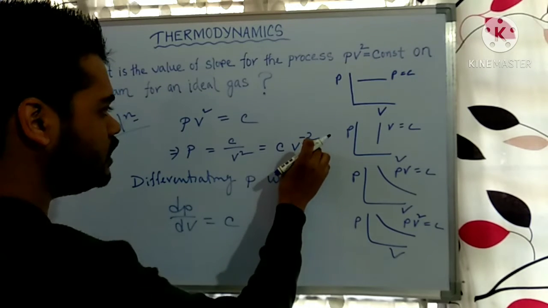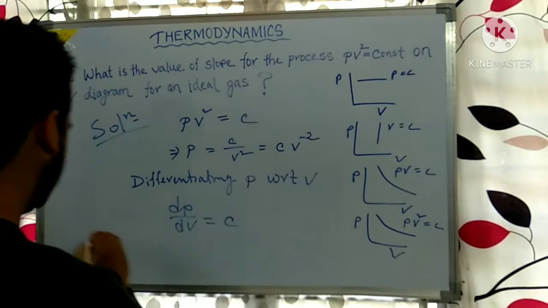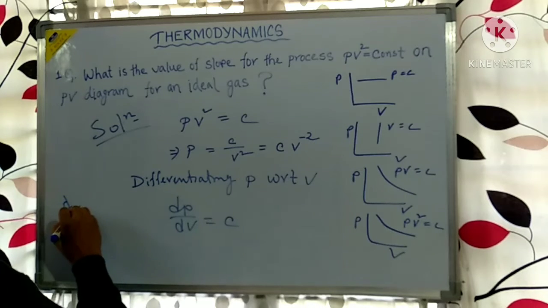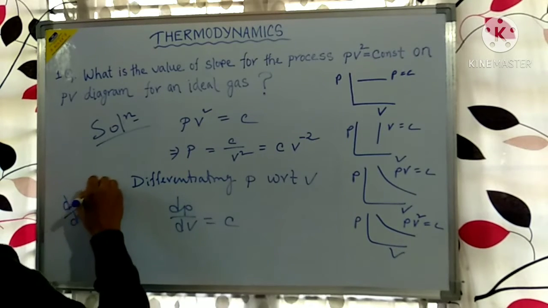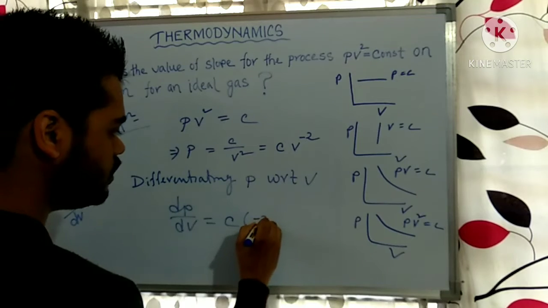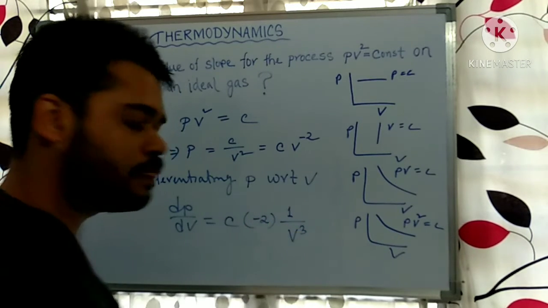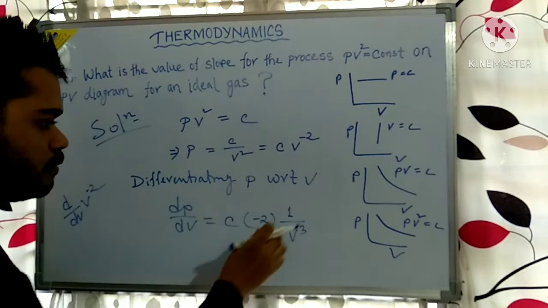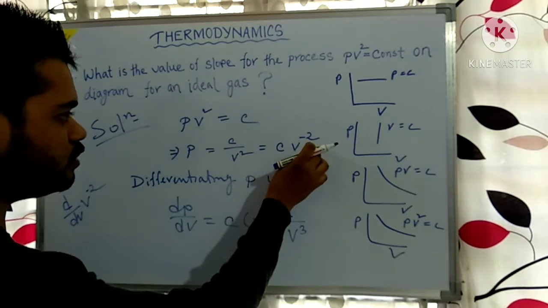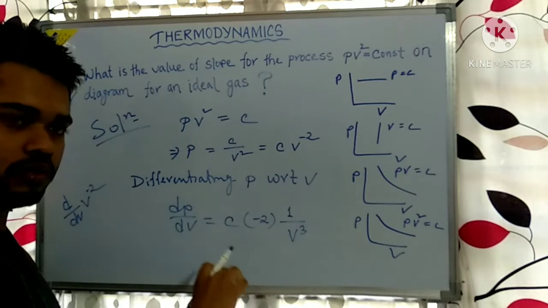Now if we differentiate V to the power minus 2, it is simply minus 2 by V cube.